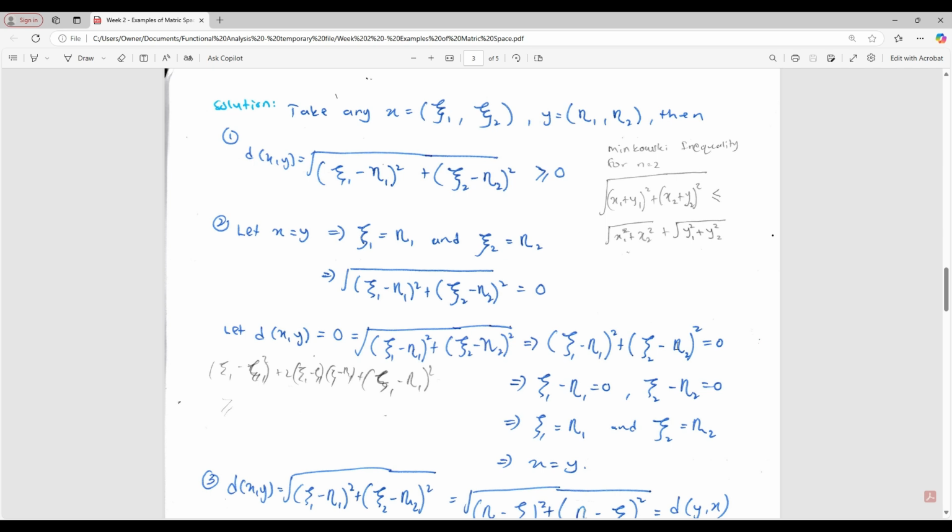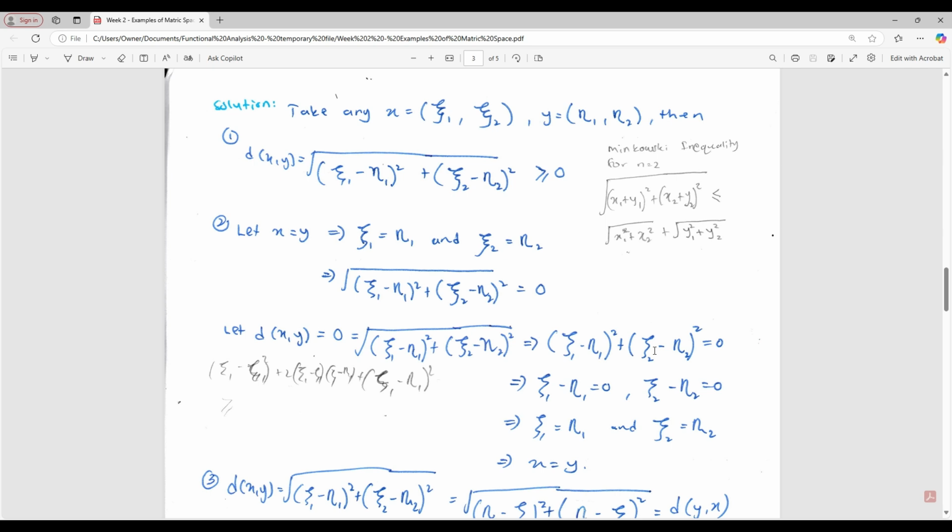From here you have to take note that this square is positive and this square is positive. So how can you add two positive numbers to get 0?